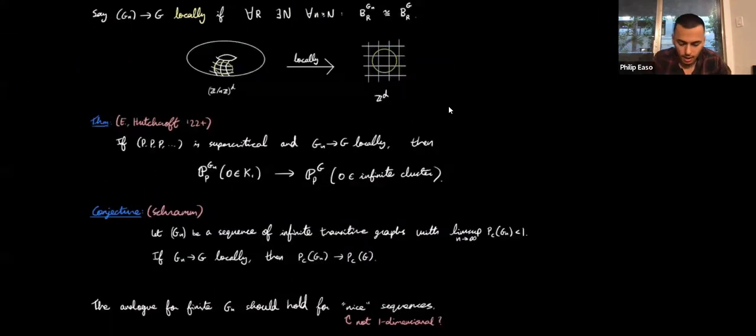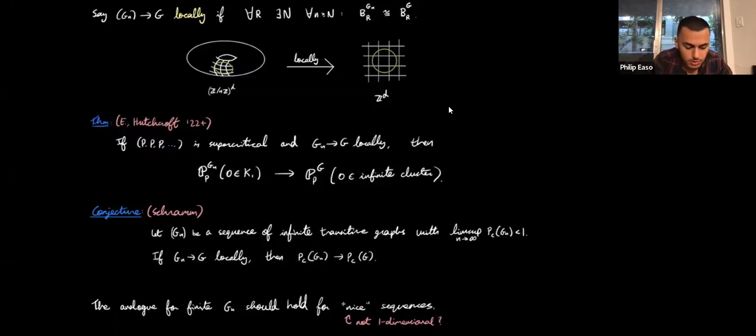Okay, and then there's one other corollary from our work on concentration that I want to mention. But to state it, I need to define what it means for a sequence of graphs to converge locally.